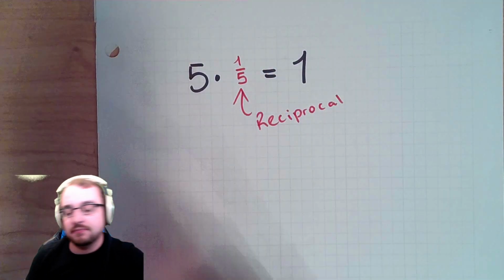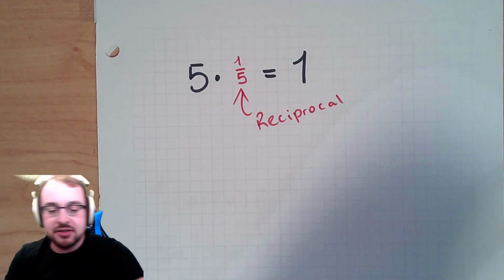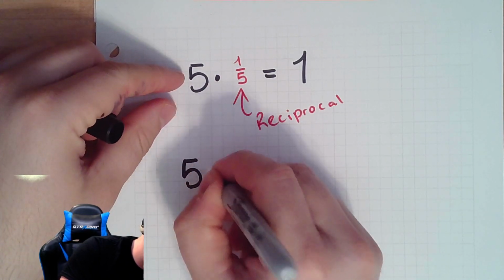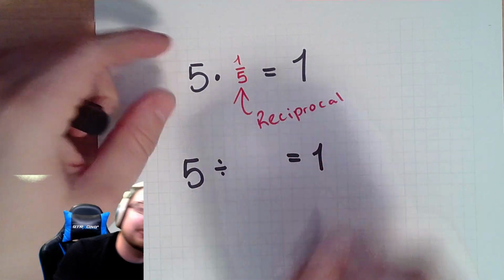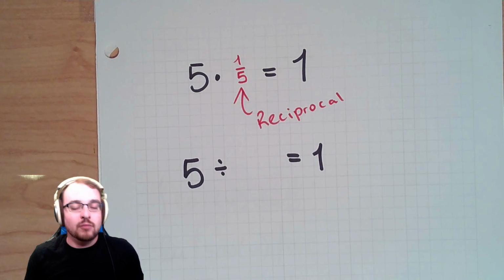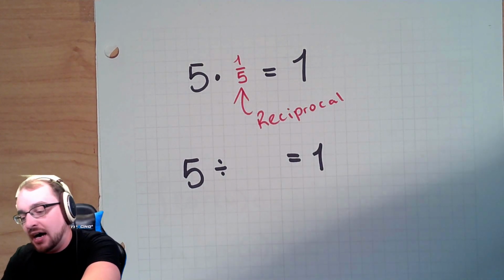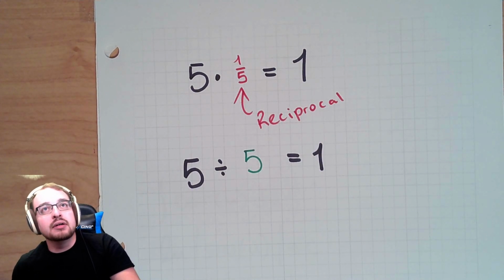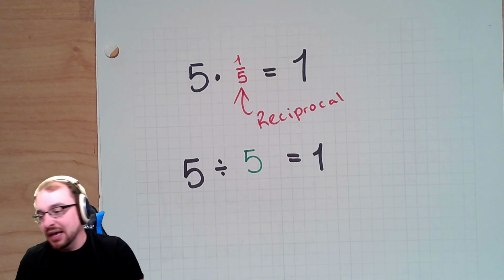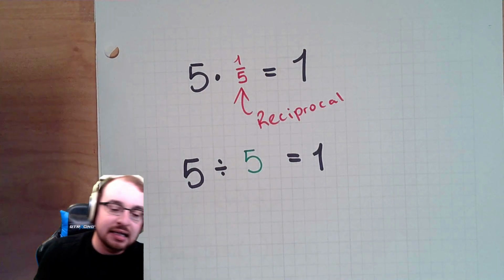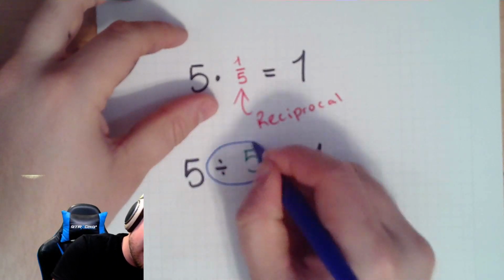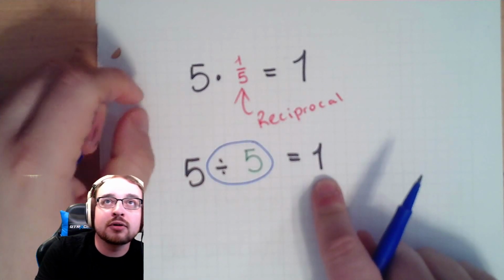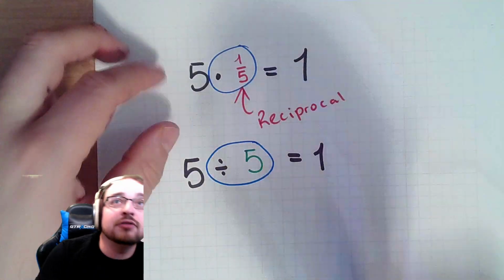Now, what's interesting about this is that if we were to think in terms of division, 5 divided by what is 1? Well, of course, 5 divided by 5 is 1. And so what we've basically learned here is that dividing by 5 gets you 1, or timesing by 1/5.